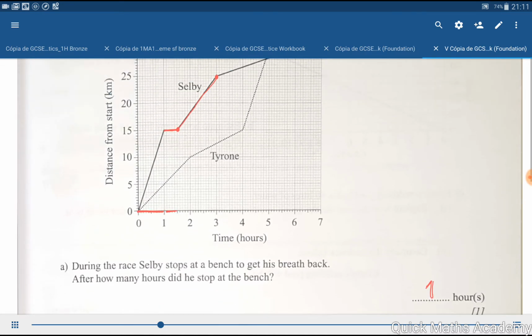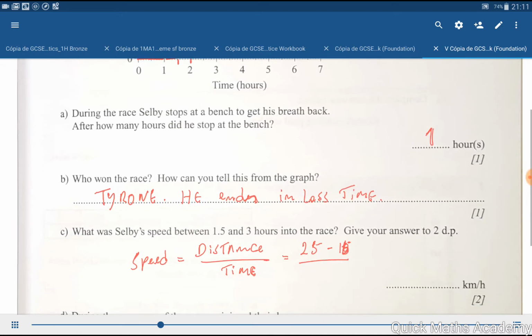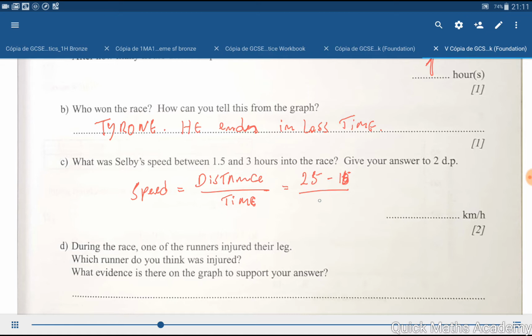How much time did Selby take to do this? It started here, 30 minutes till the 2 hours, and then another hour, so it's 1.5 hours. If we divide 10 by 1.5, we have our speed.